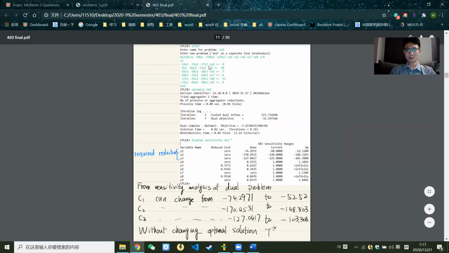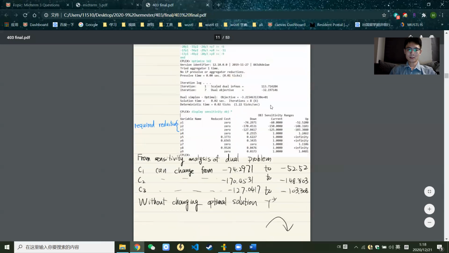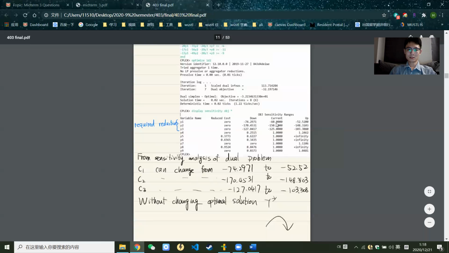Basically I just input the dual problem into it, and here it shows how much it can change without changing the rate of change in the original problem.